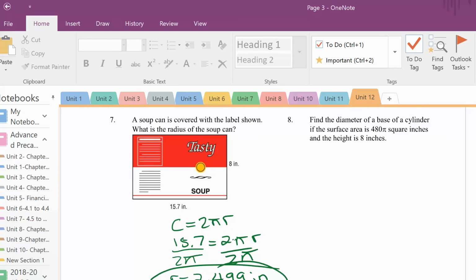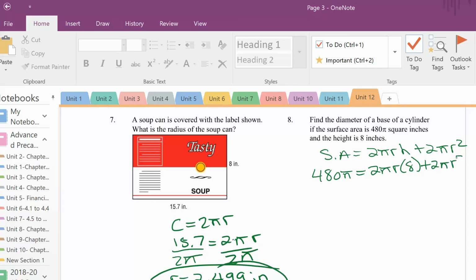All right, it says find the diameter of a base of a cylinder if the surface area is 480 pi square inches and the height is 8 inches. Because remember, surface area is equal to 2 pi r h plus 2 pi r squared. So 480 pi equals 2 pi r times 8 plus 2 pi r squared.